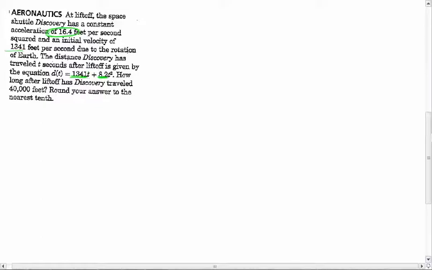So now the question is, how long after liftoff has Discovery traveled 40,000 feet? Well, if we just put that into the distance, you can go 40,000 equals 1341t plus 8.2t squared.